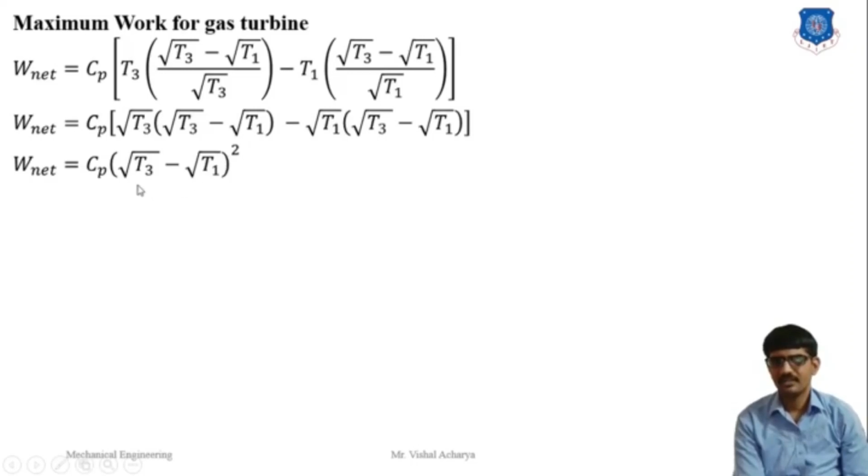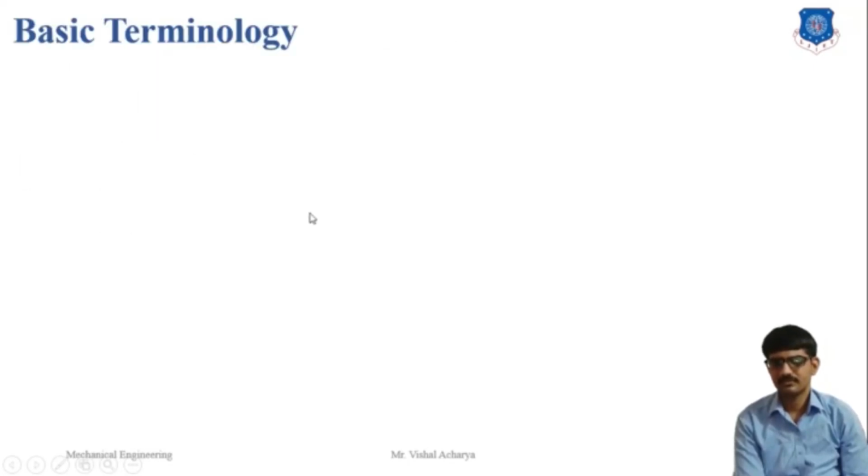We write it as (root T3 minus root T1) whole square. So we get that the maximum work is T3 minus 2 root (T1 T3) plus T1.